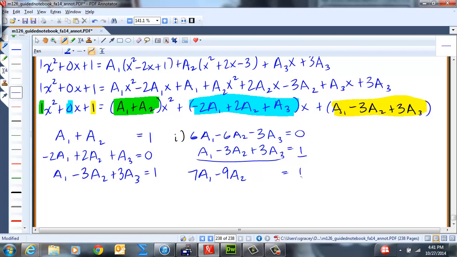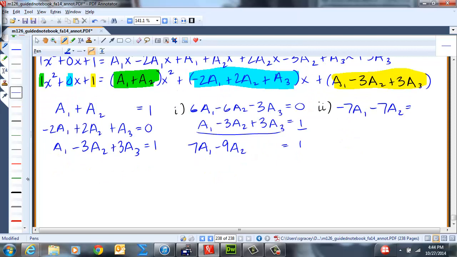So now I'm going to use this equation and our top equation, and we'll be able to solve for one of them. If I do minus the top equation, I'll get negative A1 minus A2 equals 0. Oh, I was looking at the wrong thing. Sorry, guys. It's been a long week, a long month. So if I multiply the top equation by negative 7, I'll get negative 7A1 minus 7A2 is equal to negative 7.